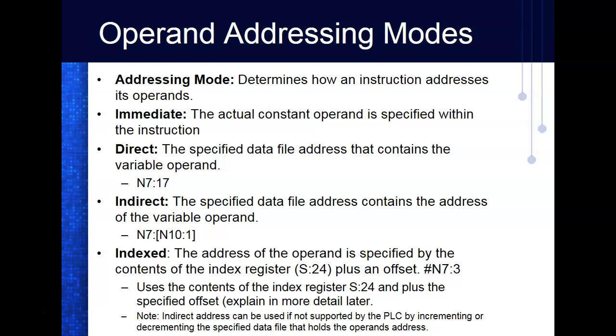In indirect addressing, the specified data file address contains the address of the variable operand. So if I said N7:[N10:1], then it would go into N10:1, and there would be a number inside that data file, and that would be where we actually go.